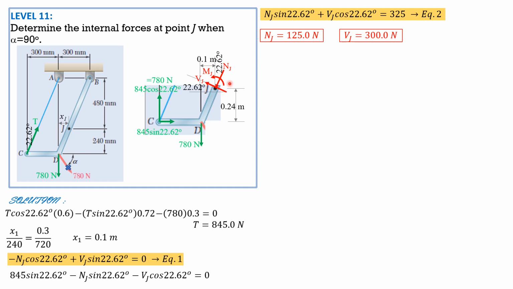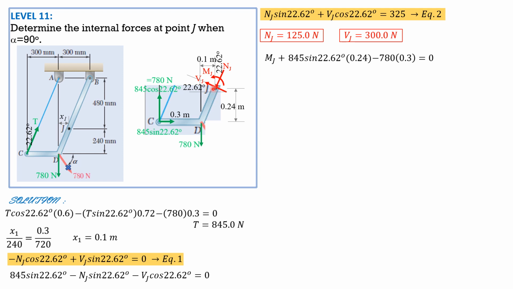Now for the moment, we sum up moment about J equals 0. So MJ plus 845 sine of 22.62 times 0.24. Then this is a couple, which is clockwise. MJ is counterclockwise, so minus 780 times 0.3.